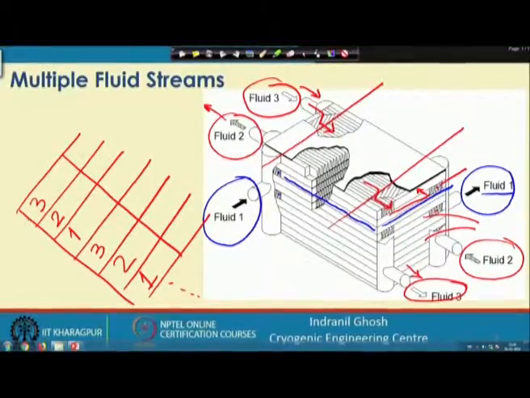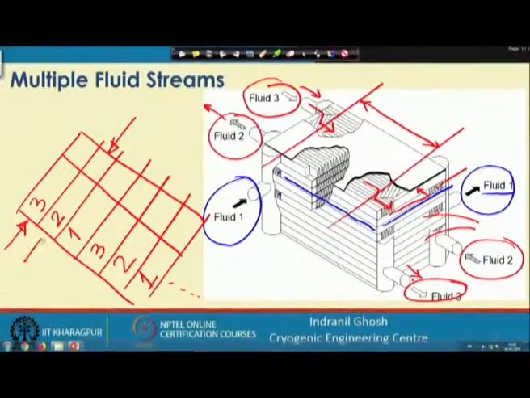So, they are in counter current configuration. If fluid 3 is entering from this end and fluid 2 is entering from this end, they are in counter current configuration within this span of the exchanger.